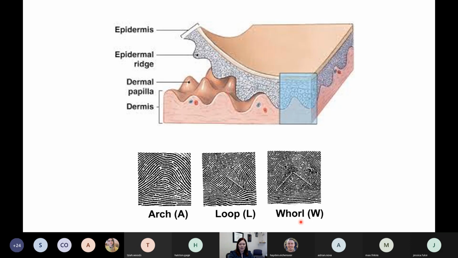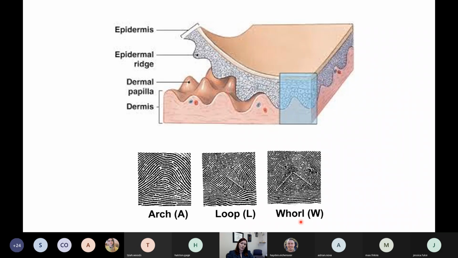Now, here's a question that I want us to consider. When you take your fingerprint for an art project, for a new license for your job, when you stick your finger on a stamp pad and put it on paper, what you're seeing is the pattern of your epidermis, the skin there on the outside.